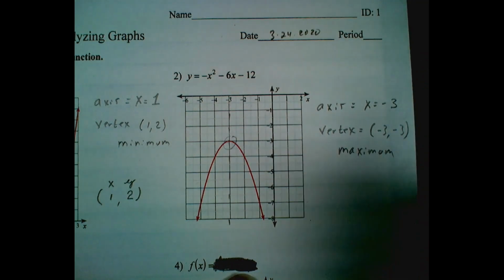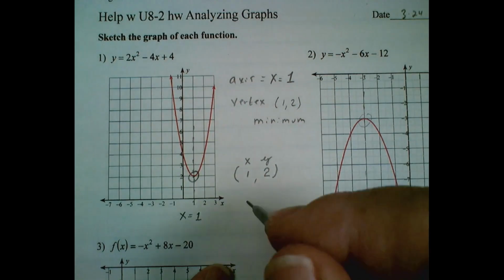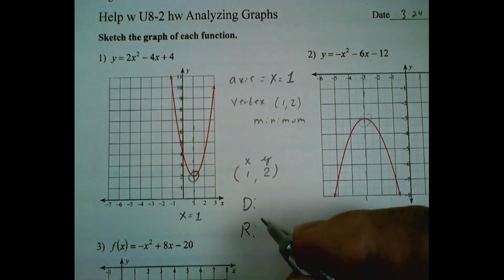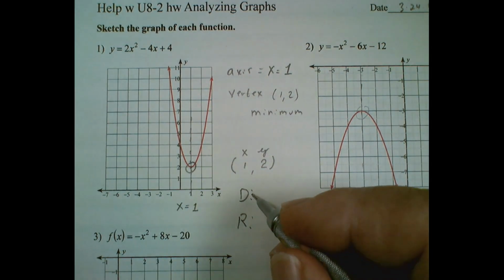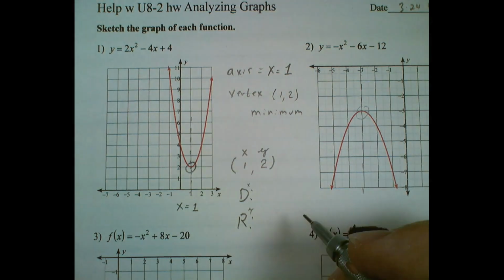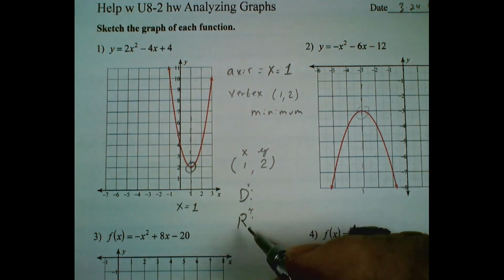Okay. Another thing we need to talk about is the domain and range. So remember the domain and the range. So domain has to do with x's, and range has to do with y's. So sometimes I like to put the x and the y up there so I can remember.